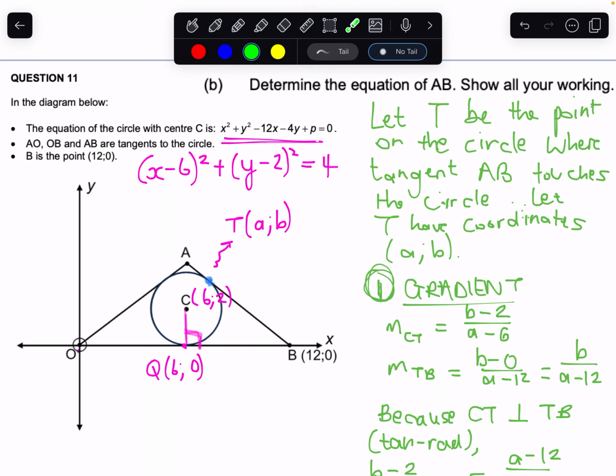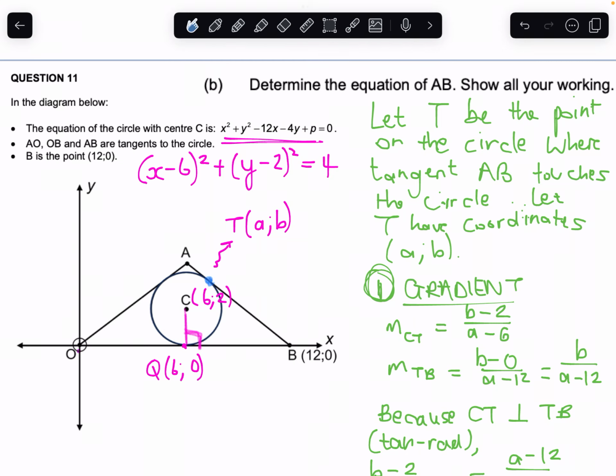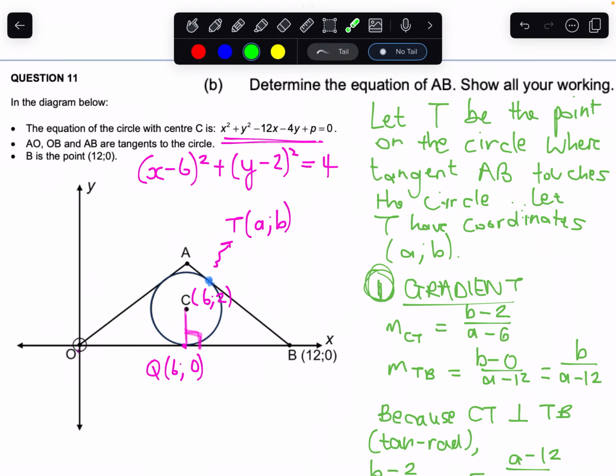Okay, so this is another thing that we know about T. Because it lies on this circle, we know that if we sub this in here, that equation will be true. So let's write that down.